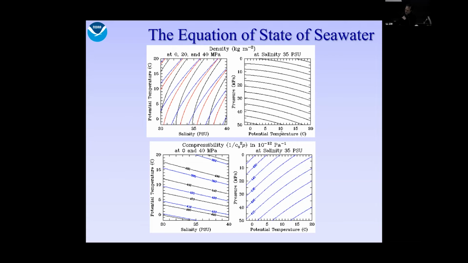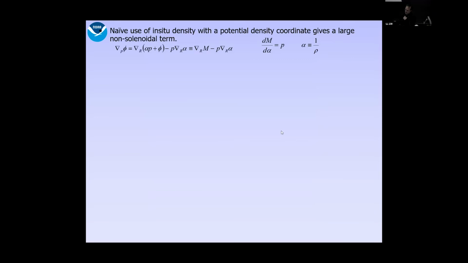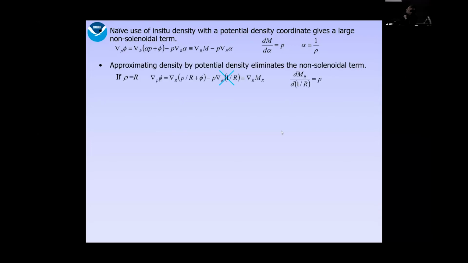So if you take a density-like coordinate model and you just naively use in situ density, but your coordinate is a potential density, then you still have this leftover term, which is the pressure gradient of in situ density along surfaces of constant potential density.